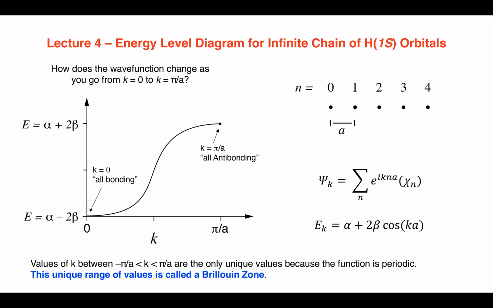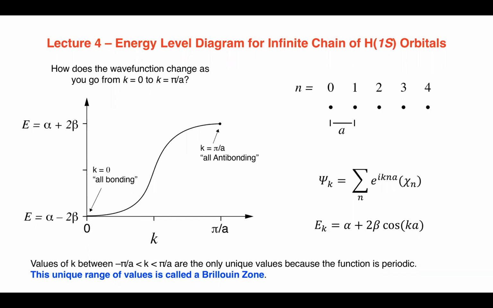So this energy is the same as the energy that I talked about for the Frost circle. It has this functional form of alpha plus 2 beta cosine Ka. And so for any given value of k, you can calculate an energy, or you can just plot this cosine function over here on the left.